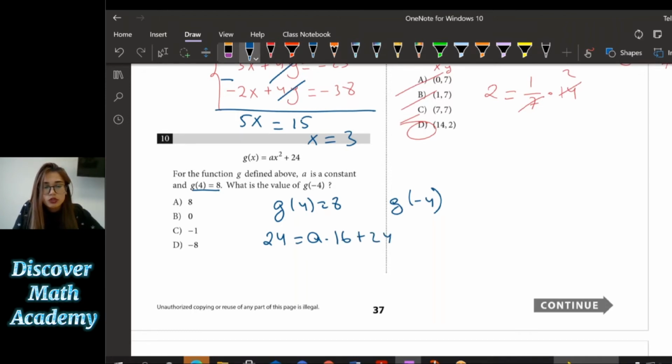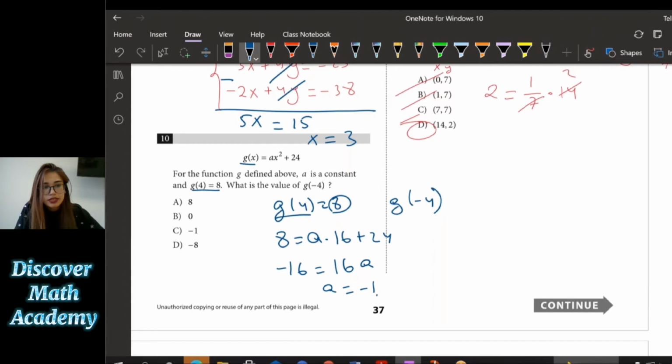I'm sorry guys, it's not 24, it's 8 because g(4) is 8. So it's going to be negative 16 is equal to 16a. And a is going to be negative 1.